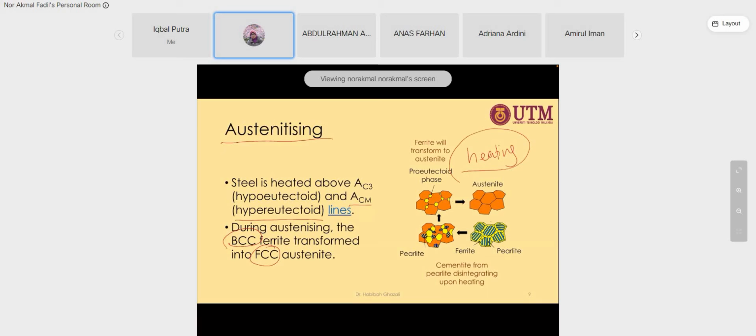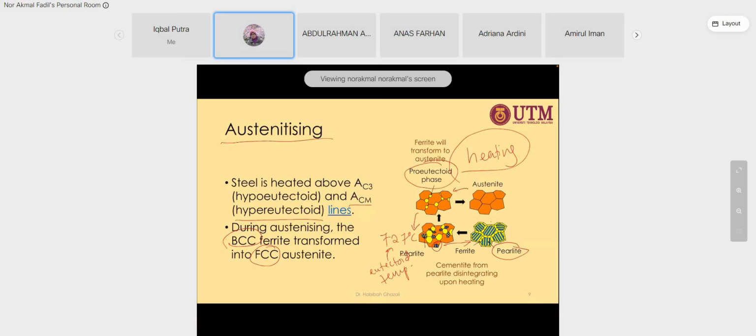It is not difficult to remember or to understand. If you still remember from the last class, during the cooling process it happens in reverse: from austenite to the formation of pro-eutectoid phases at the grain boundary, and then after it reaches 727 degrees Celsius, the eutectoid temperature, you will obtain pearlite, and it continues until all the austenite transforms into pearlite.